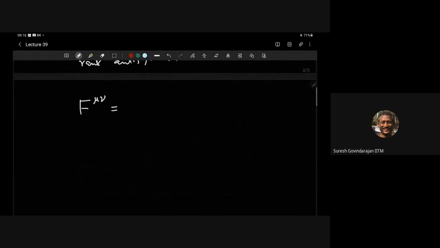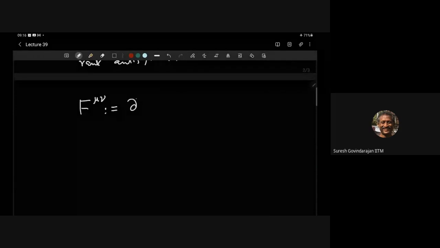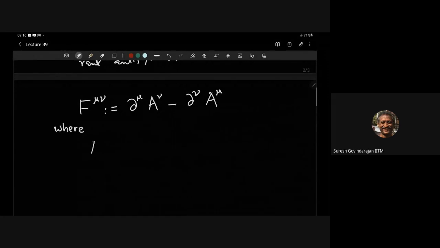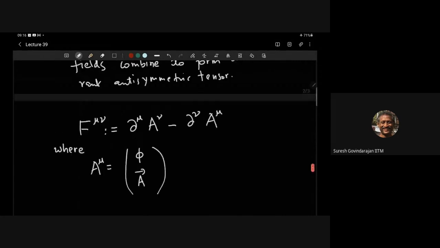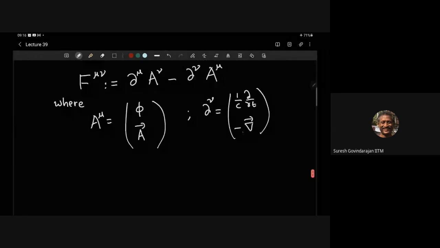This is the definition, where there is a minus sign here in the upper index. This is an exercise.